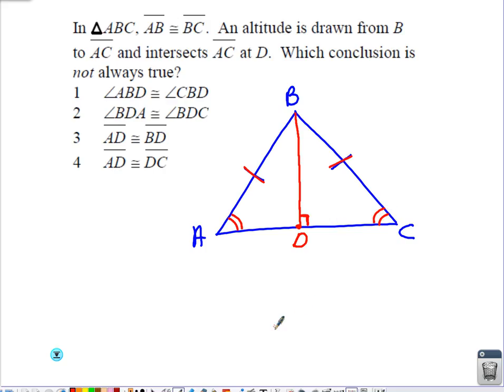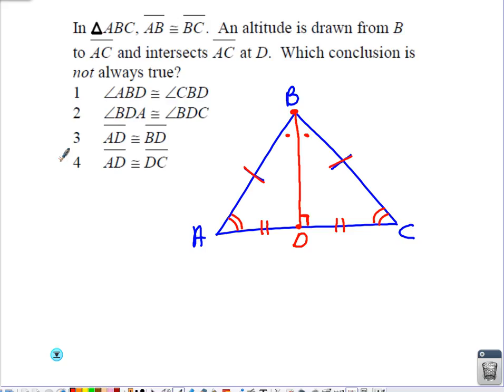What else is the same? Let's see, if a point is equidistant, remember that? If a point is equidistant from endpoints, that means it lies on the perpendicular bisector, so we know that those are the same. Pretty much, you can see there, you're going to have two completely congruent triangles. They're mirror images of each other. So question, is ABD, which is right here, going to be congruent to CBD?